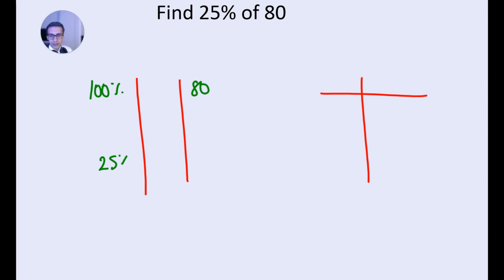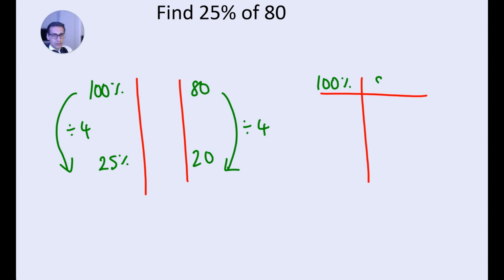So 25%, to work that out, we are going to divide by 4, and we're going to divide by 4 as well. When you do 80 divided by 4, we're going to get 20. And we can do the same question using the table method, which I'm just going to fill out here. So 100%, 25%, and that's straight to 20.